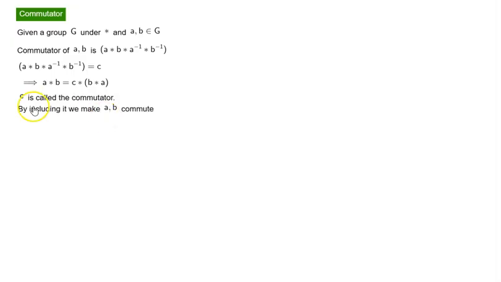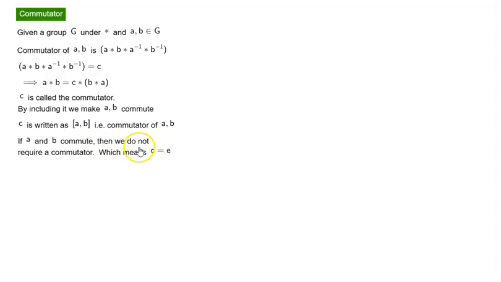So C is called the commutator. By including it, we make A, B commute, so that A times B is equal to B times A. Or rather, A times B is equal to C times B times A. C is written as the commutator of A and B. If A and B commute, then we do not require a commutator, which means C is equal to E. Otherwise, A times B times A inverse times B inverse equals C, where C is in G but not equal to the identity.